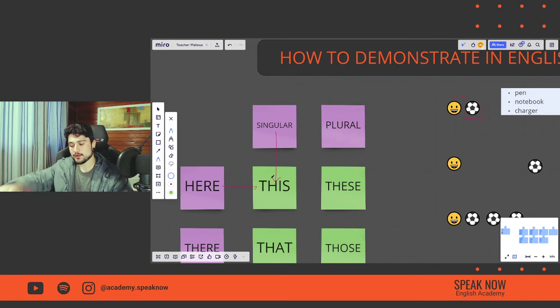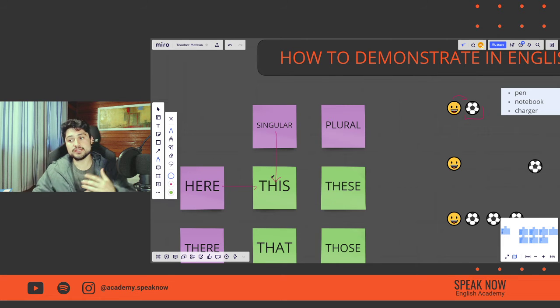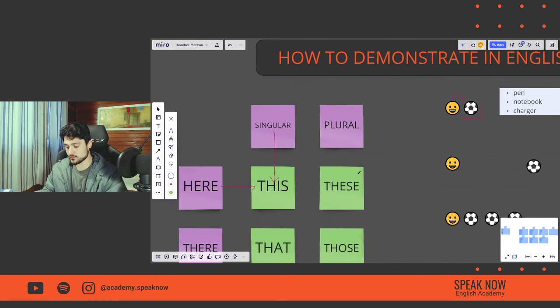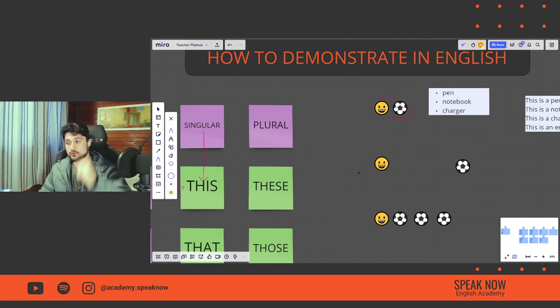But in the moment that the object is far away from me, I would use that. For example, that is a painting, and that is a couch, meaning that these objects are singular. That is a painting, is only one.